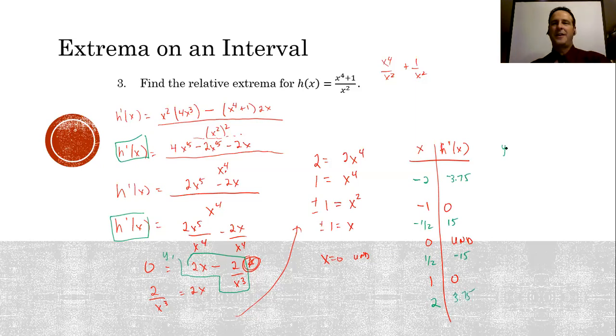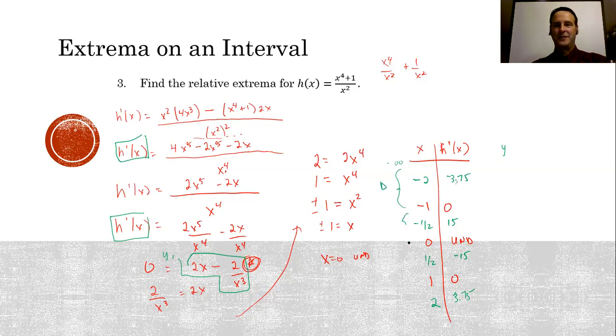Again, not that they asked this, but where is it increasing and decreasing? Well, from -1 to infinity... from negative infinity to -1, you have negative values, so this is decreasing. I'll just put a D for now.